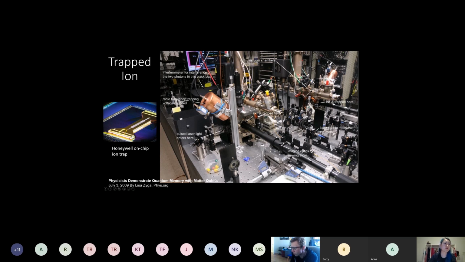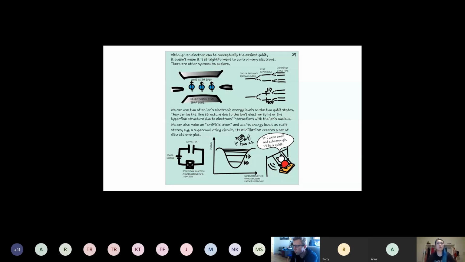This is a picture from Honeywell's on-chip ion trap, which is really cool. And they are actually a partner with Microsoft, so we could use Q# to program the ions on these chips. So that's for the ion traps.